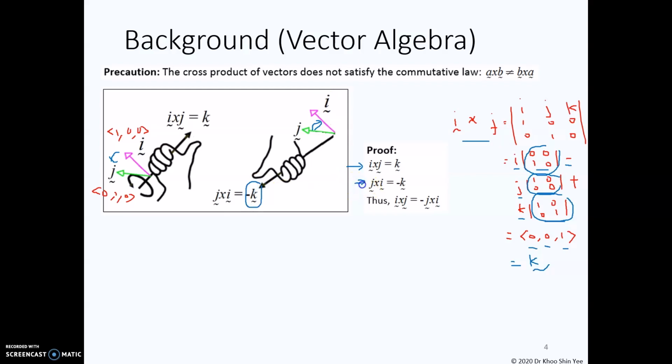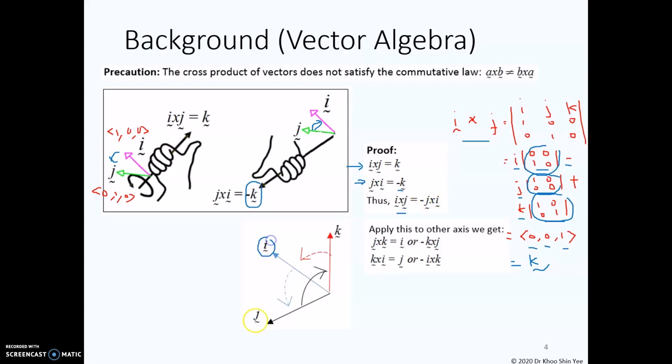Therefore, J cross I is equal to negative K. If you combine these two, you find that I cross J is in the opposite direction to J cross I. So this is your ijk direction. If you apply I cross J, you obtain K direction. If you take J cross I, then you obtain negative K direction.